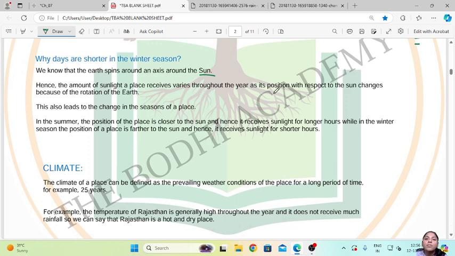As and when the earth revolves around the sun, the amount of sunlight it will receive will differ. So the amount of sunlight a place receives throughout the year changes as its position with respect to the sun changes because of the rotation of the earth.